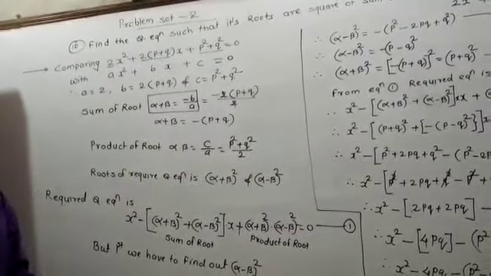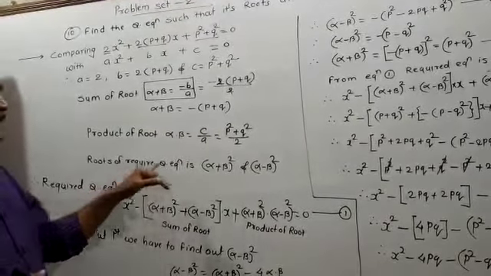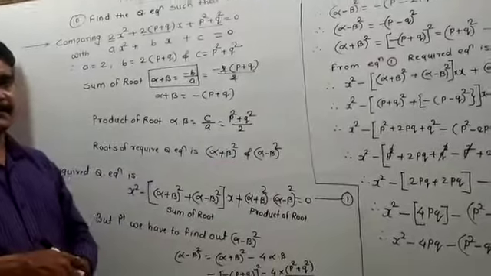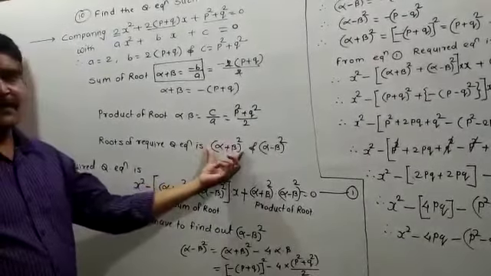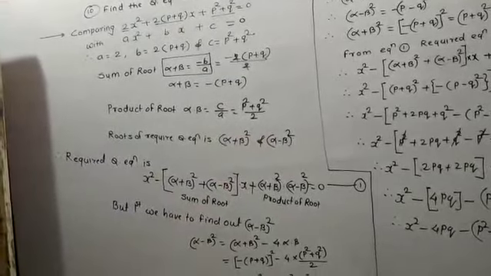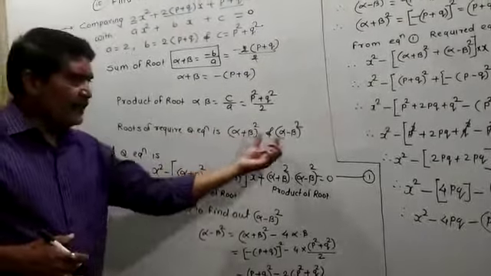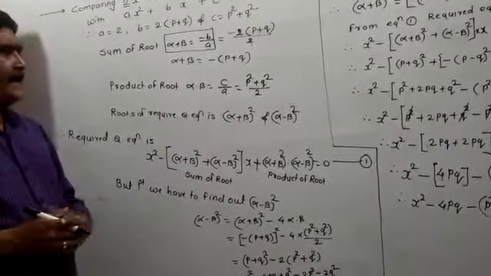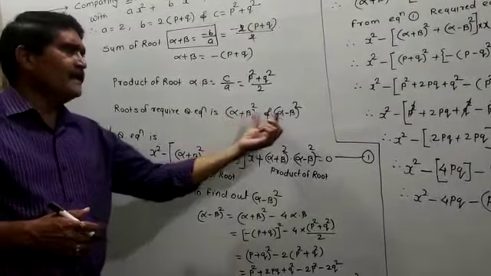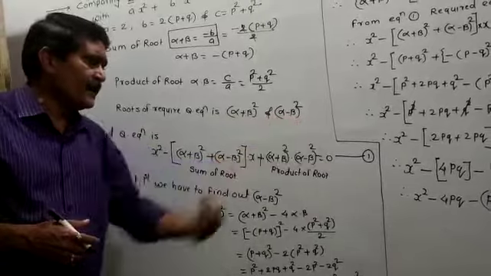But the roots of the required quadratic equation are alpha plus beta bracket square and alpha minus beta bracket square, because this one is the square of the sum of the roots and this is the square of the difference of the roots. So this is one root of the required quadratic equation and this is the other root.